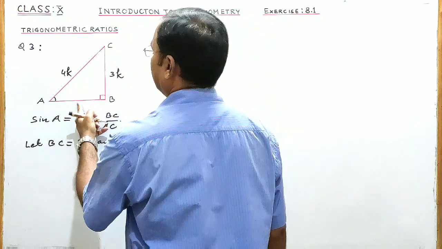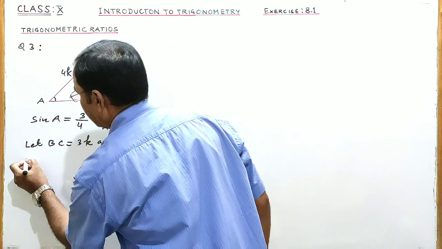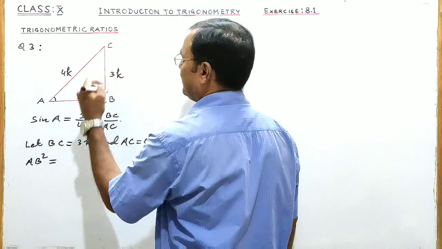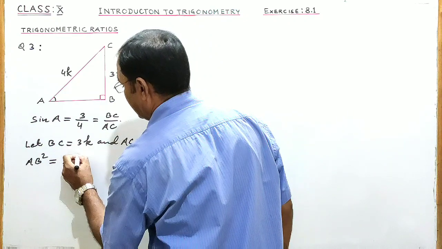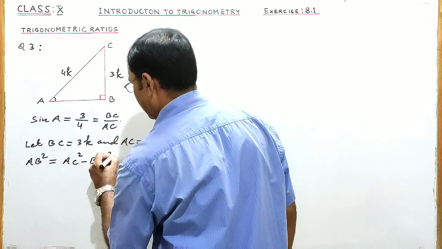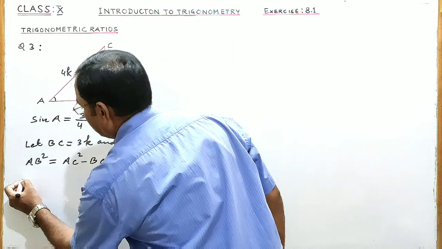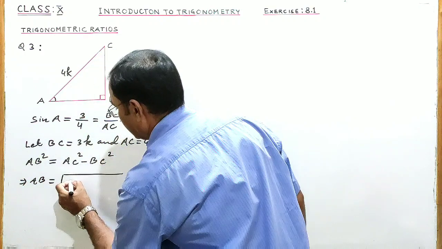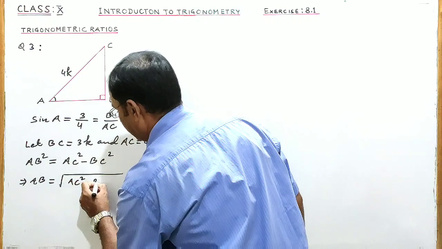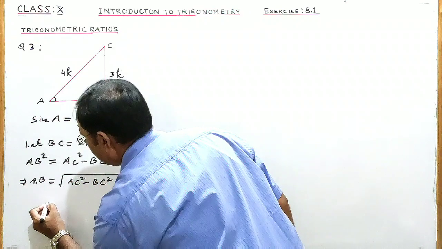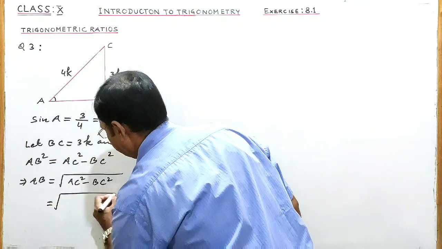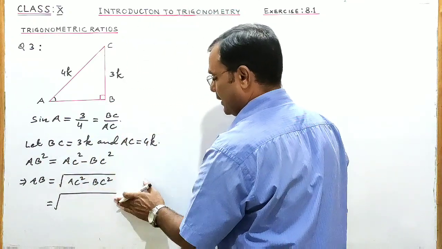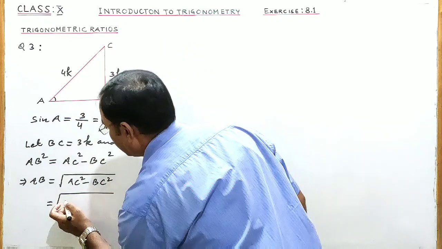Now we shall find out AB. Using Pythagoras theorem we can write AB square is equal to AC square minus BC square. This implies AB is equal to under root AC square minus BC square. Let us put AC equal to 4K and BC equal to 3K in this expression.